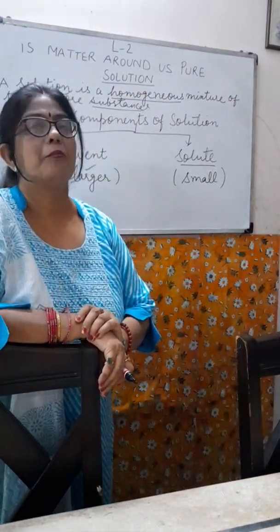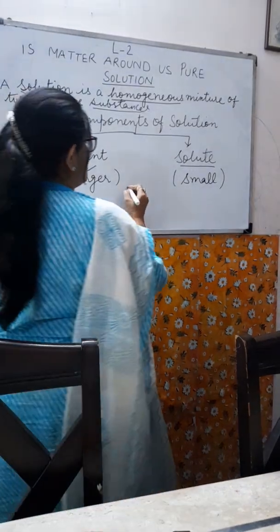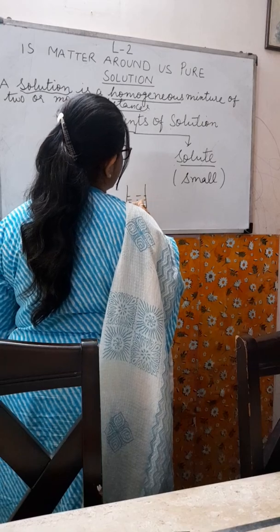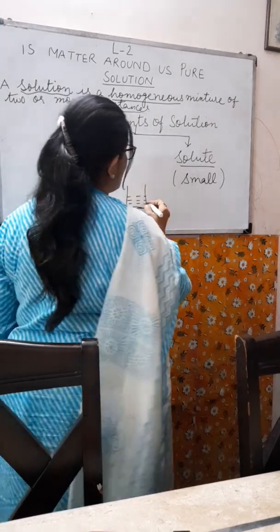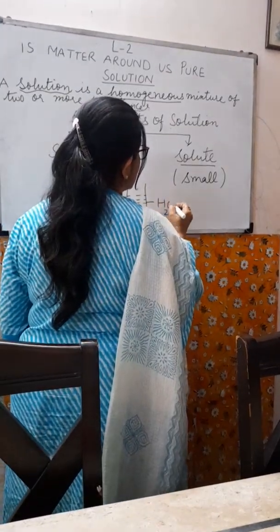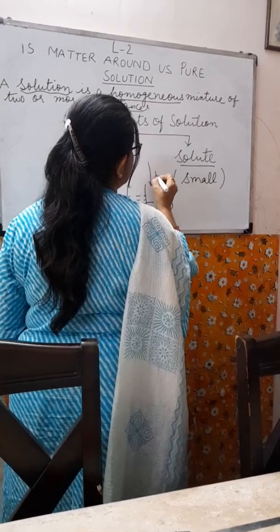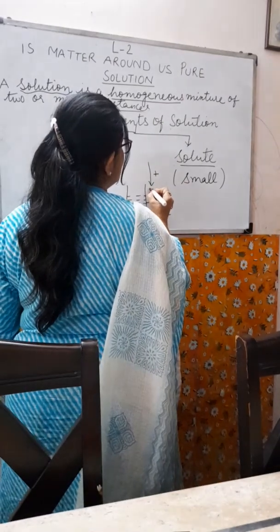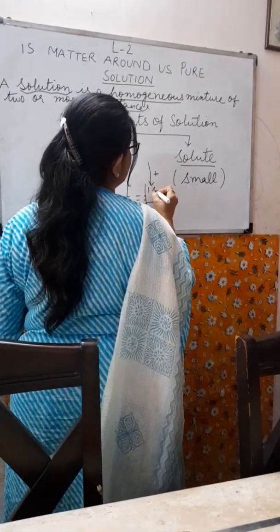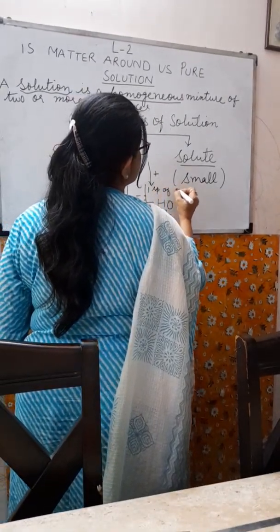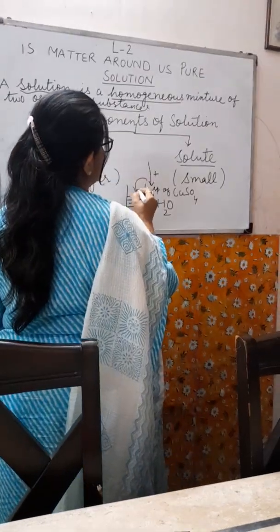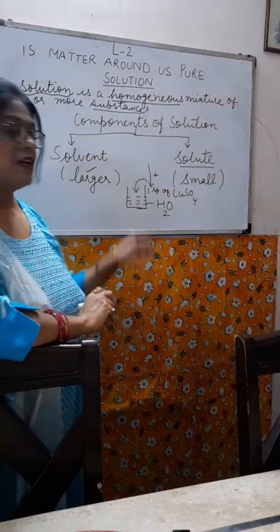Suppose, for example, you have taken some amount, like 50 ml of water, in a beaker, and you add 1 spoon of crystals of copper sulfate in this water. आपने इसमें add कर दिया.